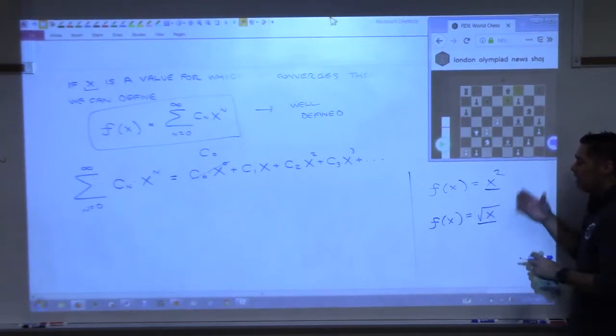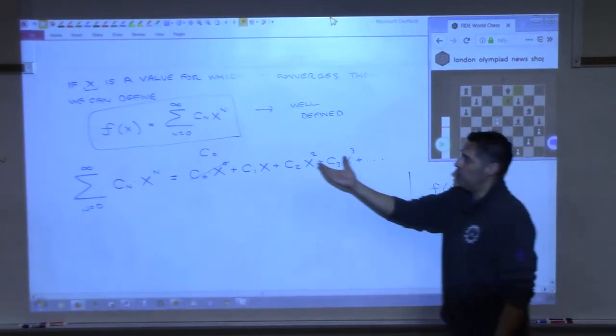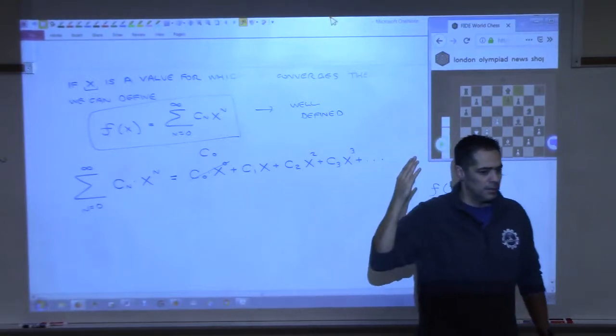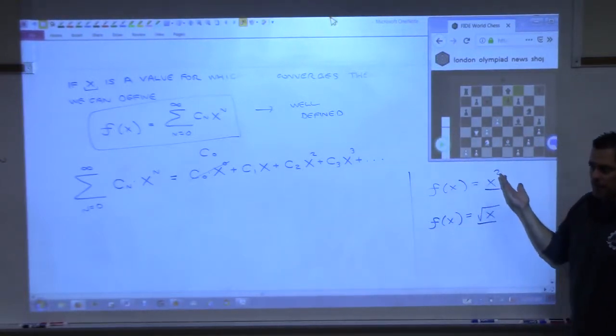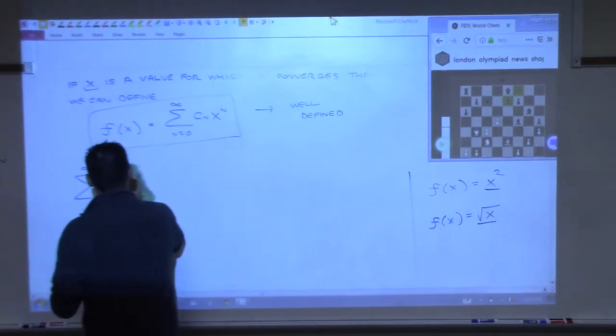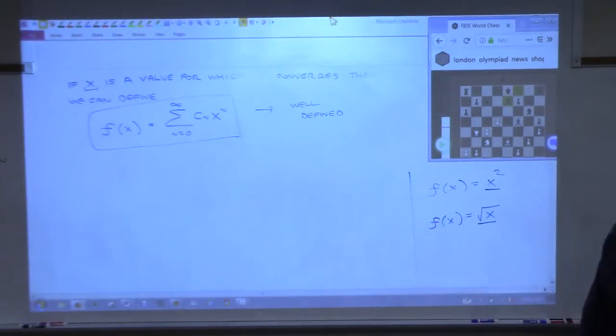We've seen these. These are finite functions, x squared, done. I'm trying to define a new function for you right now that is an infinite sum of things. That's new. It should be weird. Let's just proceed and see how this goes.